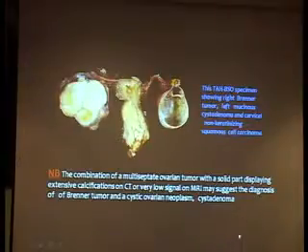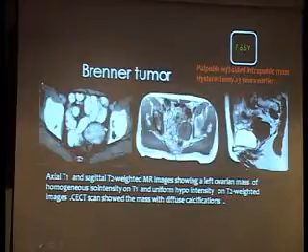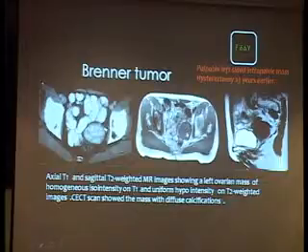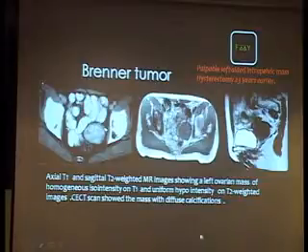Frequently, the Brenner tumors are associated with other serous and mucinous cystadenomas, and may also be associated with cervical carcinoma, for example. This is the classic appearance of Brenner tumor by CT, a solid lesion containing calcium, and by MRI, you see the lesion of low signal, and in the T2 weighted image it shows very, very dark signal, like air, for example, in the colon.